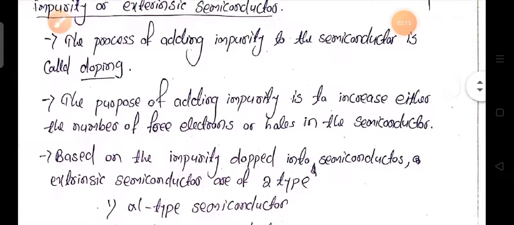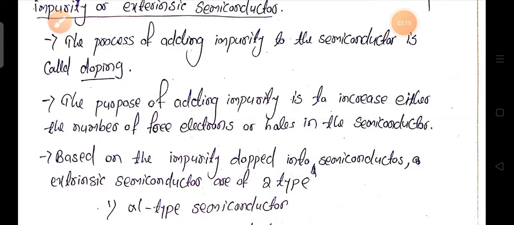There are two carriers of charge: one is electron and another is holes. So by adding some impurity, we can increase the number of free electrons or the number of free holes.